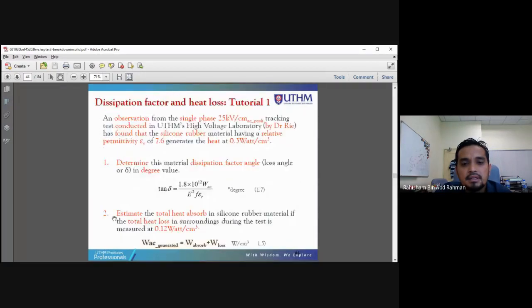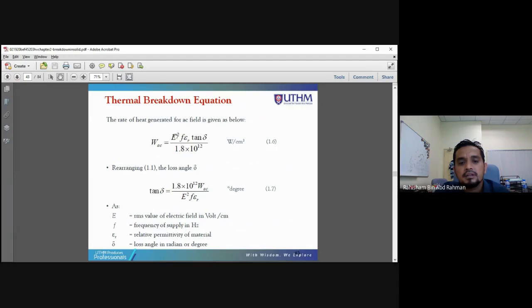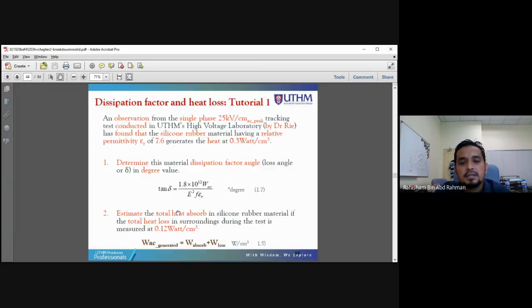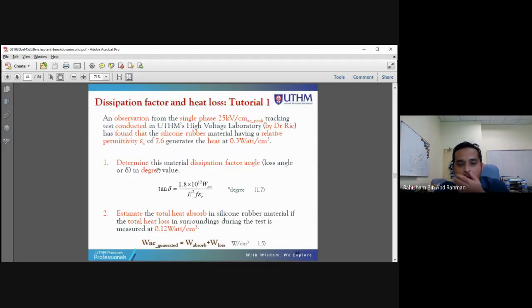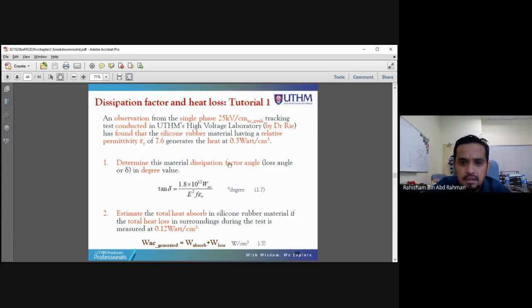Okay, dissipation factor. This is the formula. We know this expression, and we can actually calculate the values to determine the dissipation factor angle, and the total heat absorbed or heat loss to the environment, to the silicon rubber.